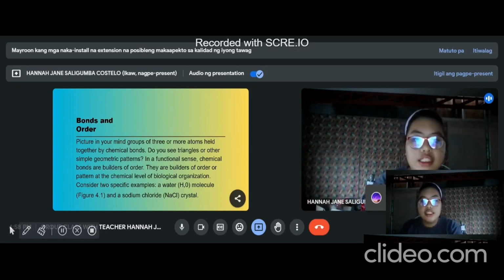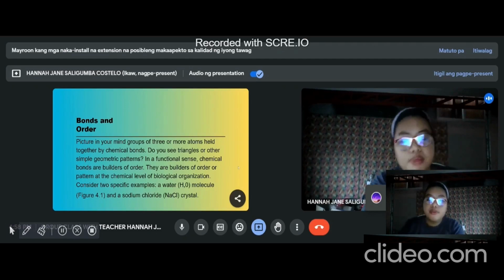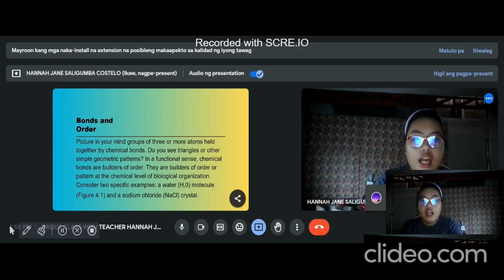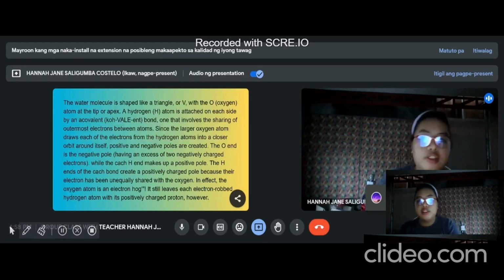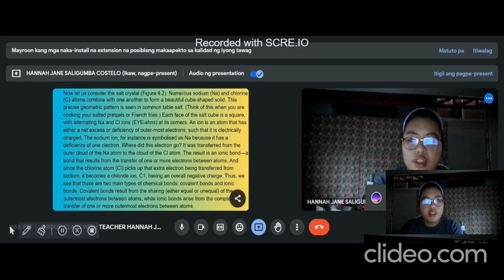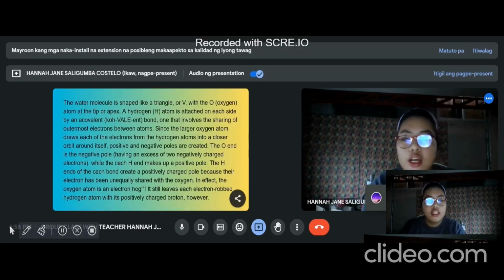In a functional sense, chemical bonds are builders of order. They are builders of order or pattern at the chemical level of biological organization. Consider 2 specific examples: a water molecule, hydrogen and oxygen, and a sodium chloride NaCl crystal. This is what is important.